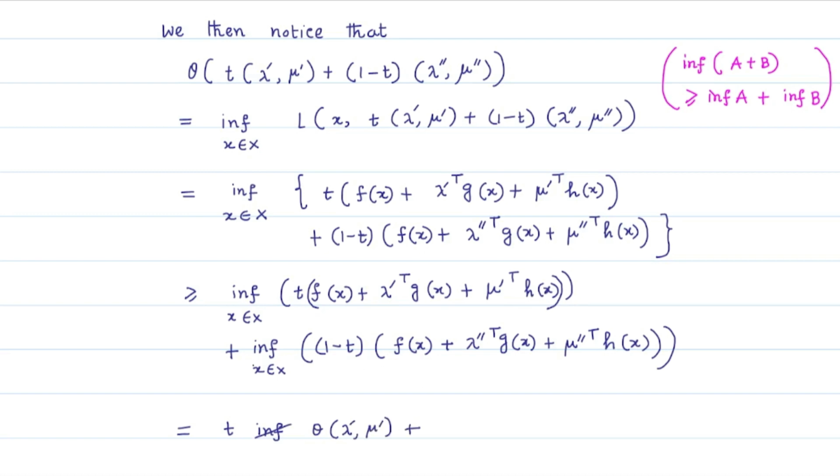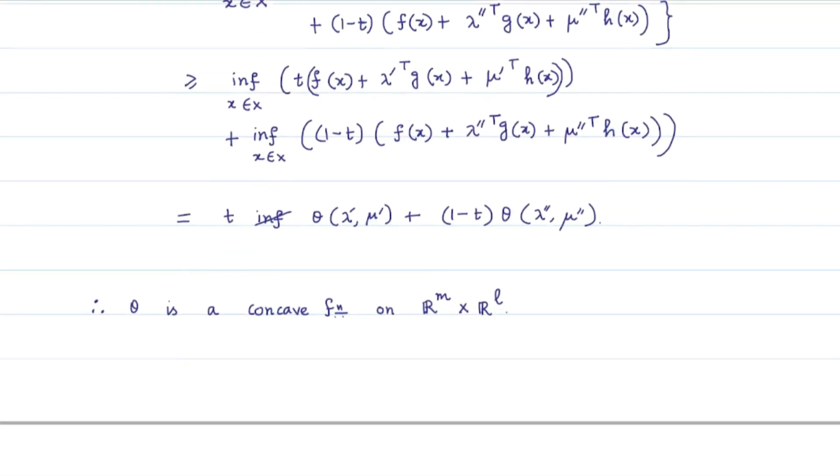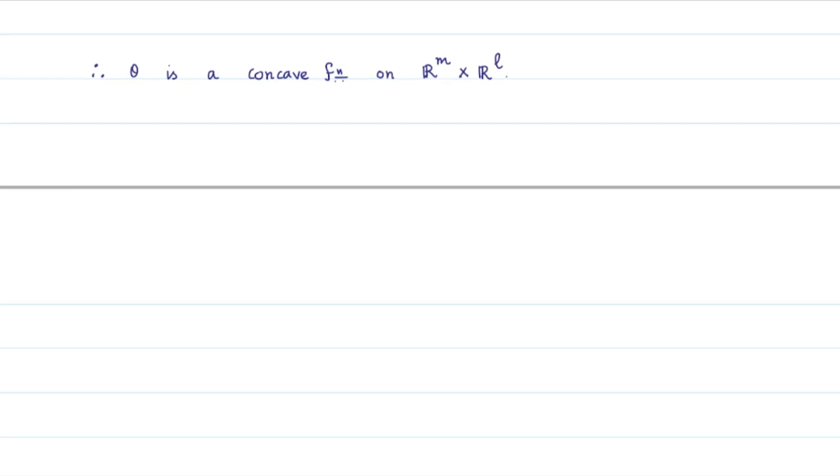Similarly for this term we will have 1 minus t times theta(lambda double dash, mu double dash), and therefore we see that theta of the convex combination of these 2 points is greater than or equal to this expression, and therefore the function theta is a concave function. This completes the proof of concavity of the function theta, the dual objective function, on the set R^m cross R^l.